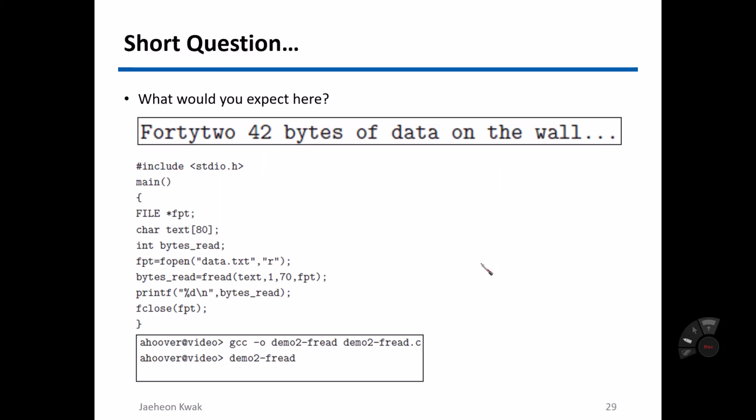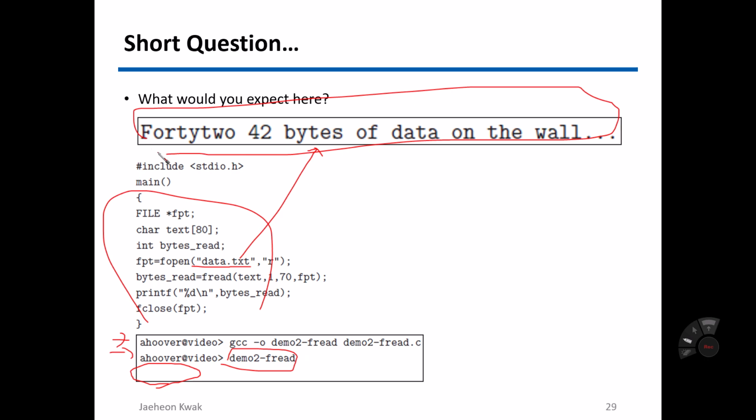Then here's a short question. What do you expect from here? Guess the output when we run this code. Let's say this data.txt stores this string.